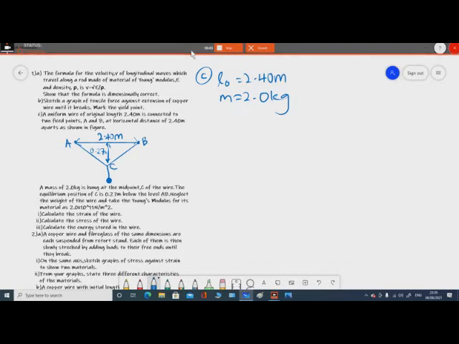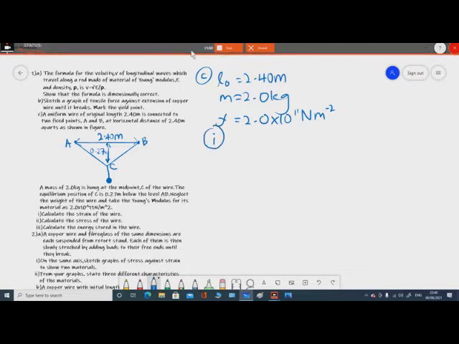Neglect the weight of the wire and take the Young modulus for its material as 2.0 times 10 to the power of 11 Newton per meter square. Okay, so calculate the strain of the wire.